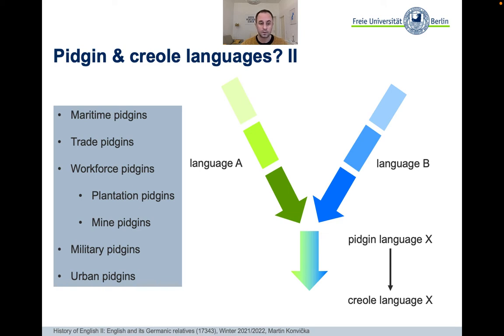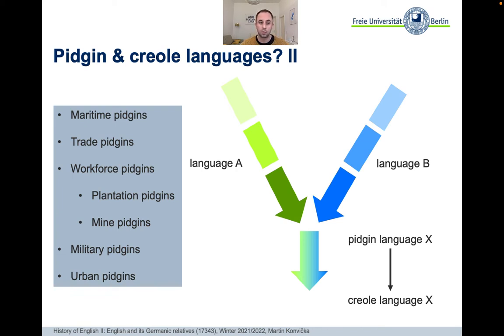For example, a Norwegian-Russian pidgin language evolved on fishing ships, or trade pidgins. For example, again, the Chinese-Russian pidgin, which evolved in a situation where Russians wanted to trade goods with Chinese speakers in Siberia.